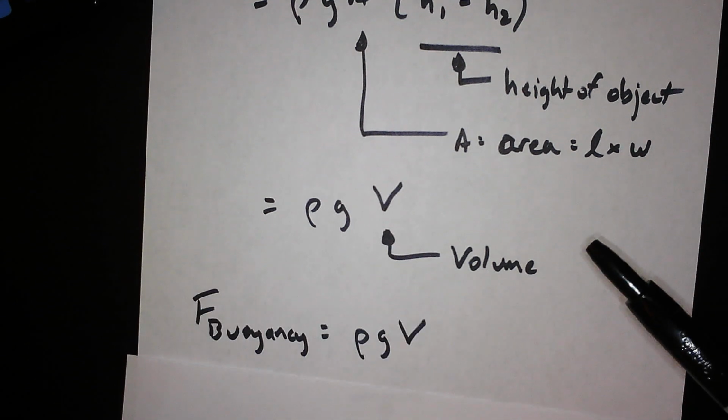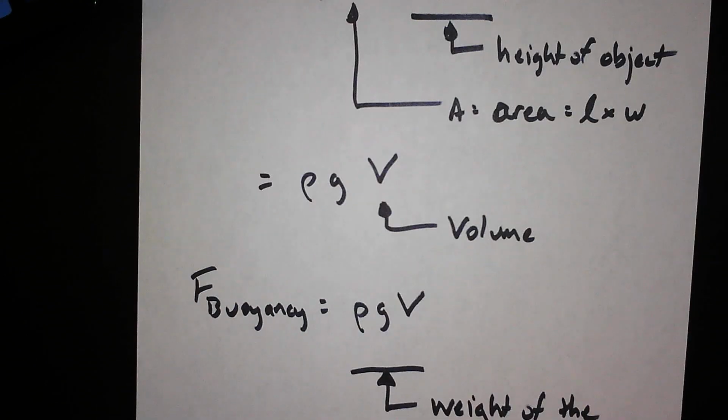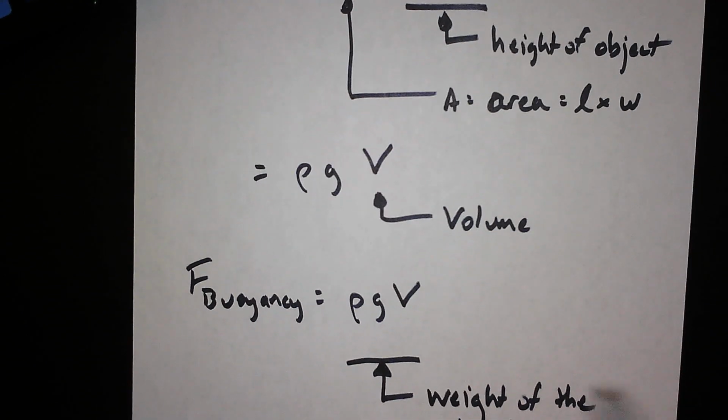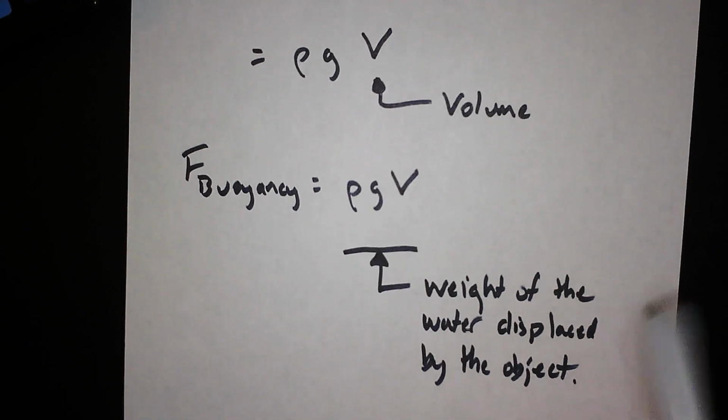All right, so now the equation for buoyancy is density of the fluid times the acceleration due to gravity times volume of the fluid. And what this really represents, because of the way our dimensions work out, is the weight of the water displaced by the object.